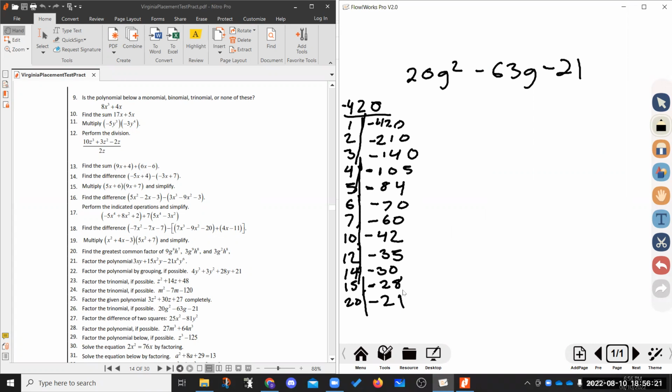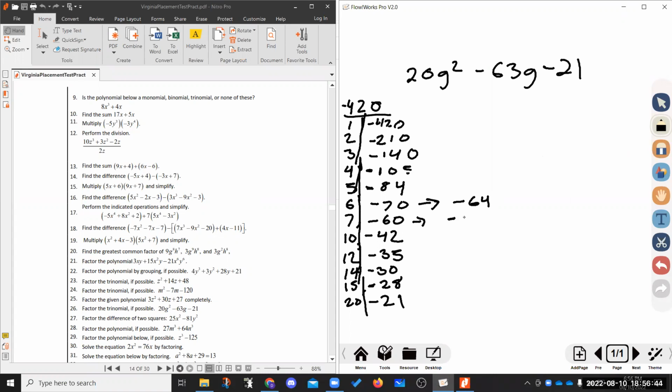If you've been trying this while I've been figuring all this out, you're going to see that the closest ones are here and here, that this adds to give me negative 64, I'm sorry, here and here.